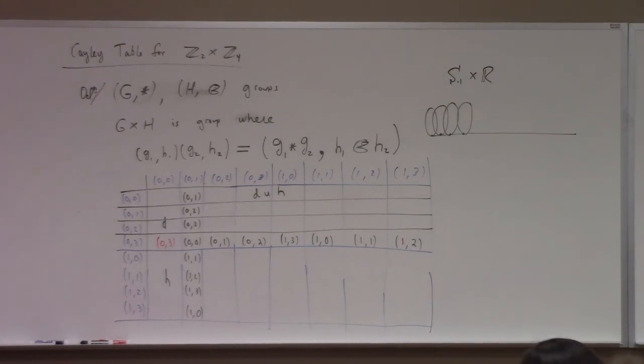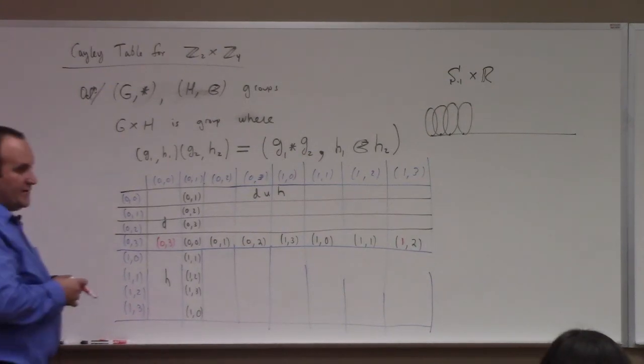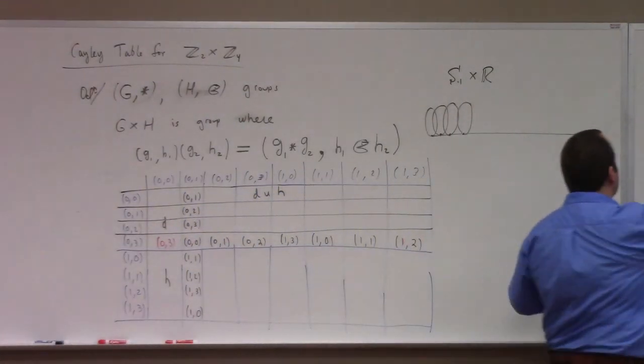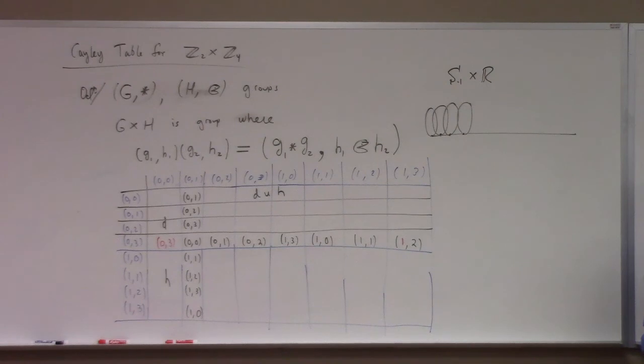Does that make sense? Let's look at a really different Cayley table. This gives me an idea. Let's take the Cartesian product. Let's this time do Z4 cross Z4. Oh, Z4 is too big. Forget about Z4. Let's do Z2 cross Z3 star.